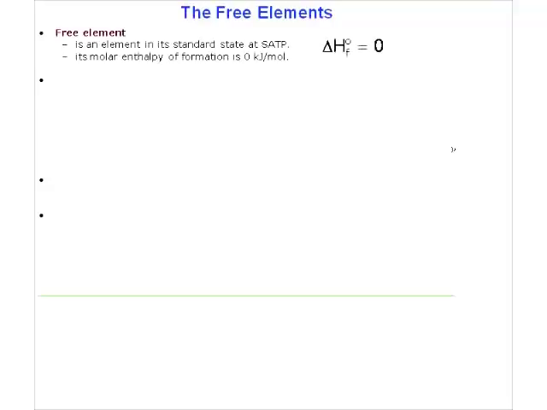Okay. What we also have to look at now is something called the free elements. Now, a free element is considered to be any element on the periodic table that's in its standard state at SATP. All right, so iron is a solid. Carbon is a solid. Oxygen is a gas at room temperature, standard temperature and pressure.